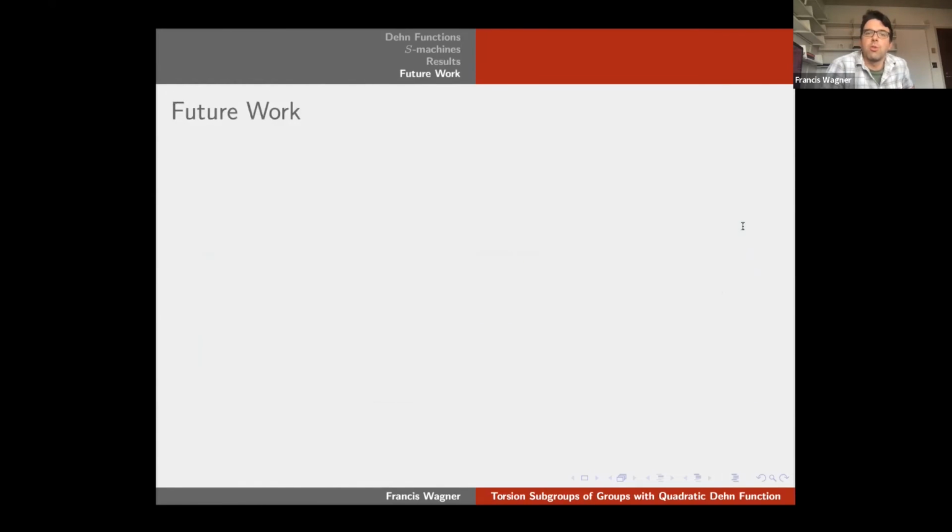All right, so some future directions toward the same situation. I kind of glossed over it when I talked about the Dehn function of a group, and I was saying there was some relationship between it and the decidability of the word problem. In fact, it gives an upper bound on the complexity of the word problem in that finitely presented group.